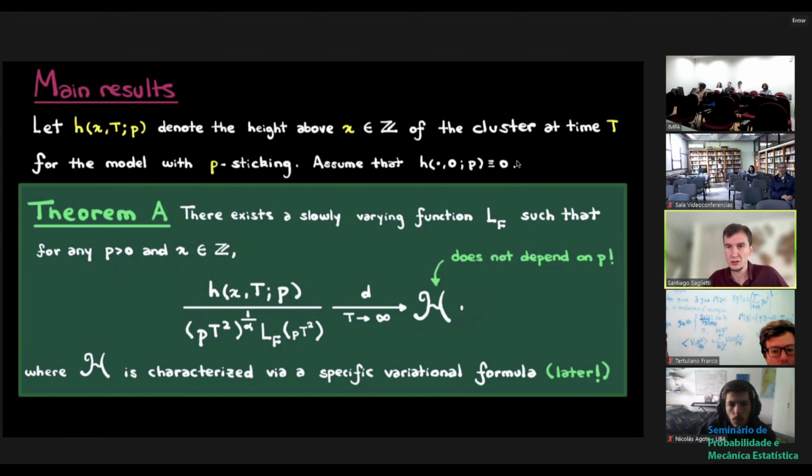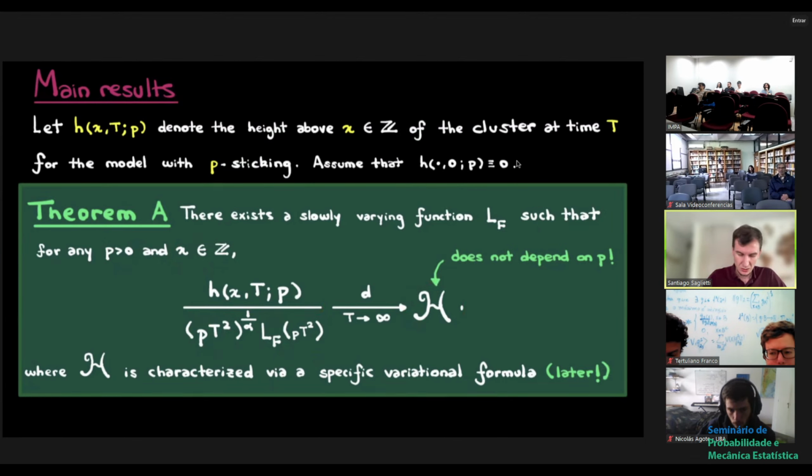So this is our first result, which tells you the asymptotic order of magnitude of the height as t goes to infinity, and that there's a random constant accompanying this order of magnitude.